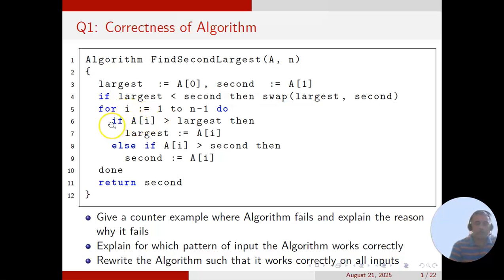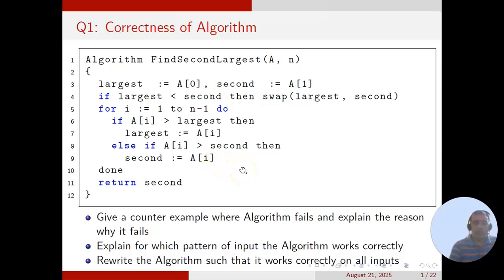Now in the remaining n minus 1 elements, if the current element is greater than largest, then update the largest. If it is not greater than largest, then you check whether it is greater than the second largest, then update the second largest.